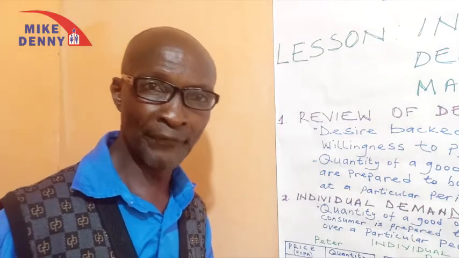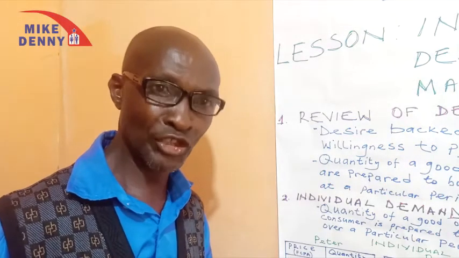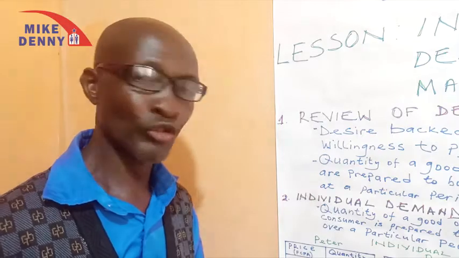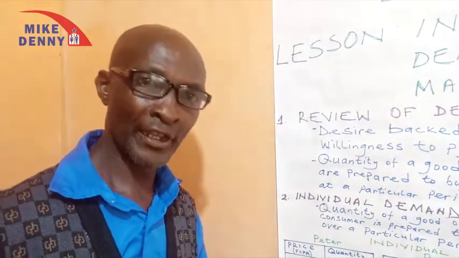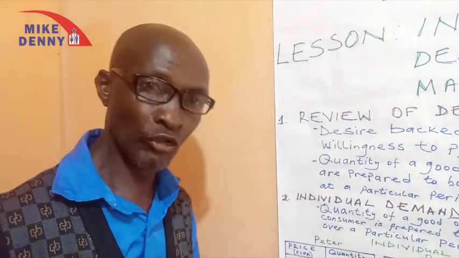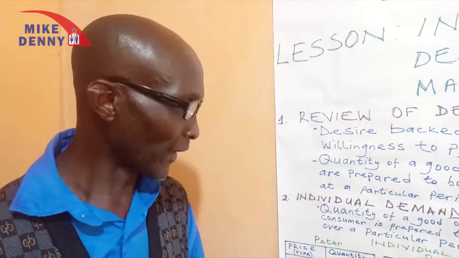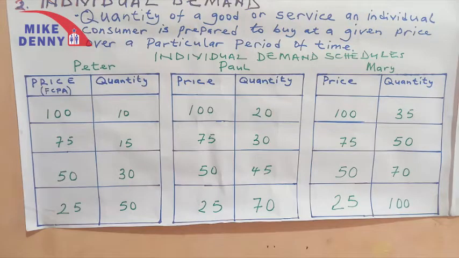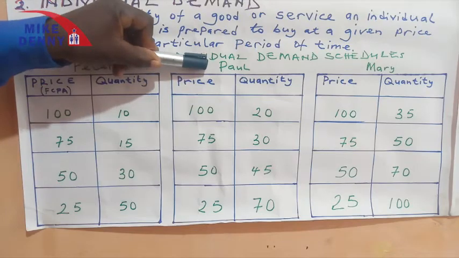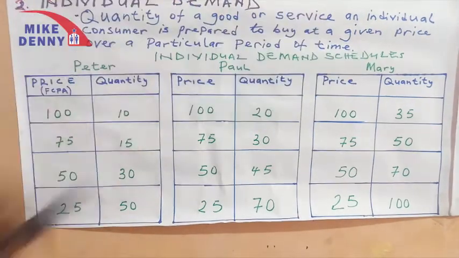And to simplify things, let us assume that those who are consuming a good, can be any kind of good, are 3 in number. In other words, all the consumers of a good are 3 in number. Then we can have the first consumer is Peter, the second is Paul, and the third is Mary.